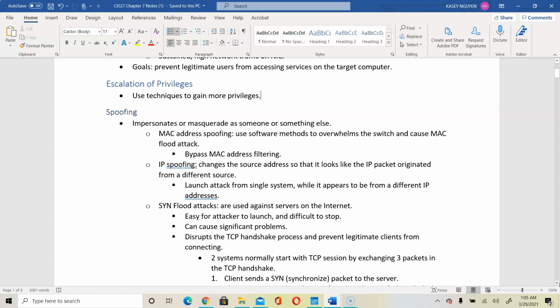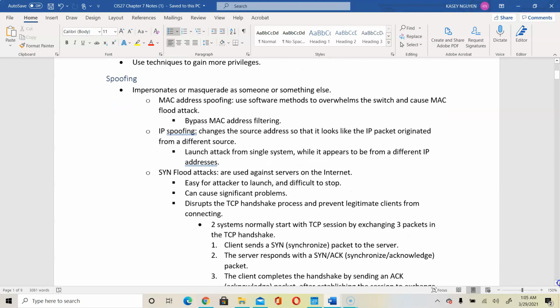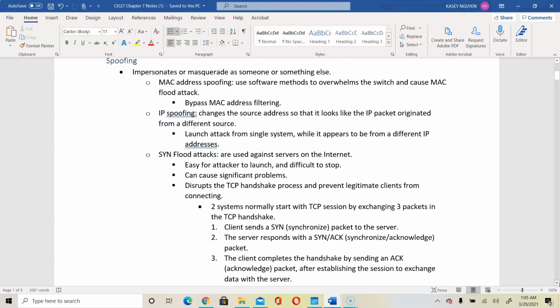Now, this type of attack capitalizes on the TCP process, which would cause a disruption in the handshake, which includes the three-way handshake. Two systems normally establish a session by sending three packets.